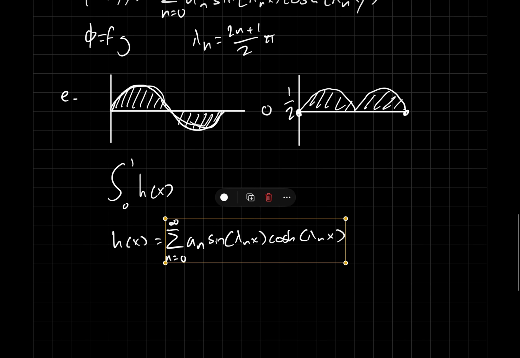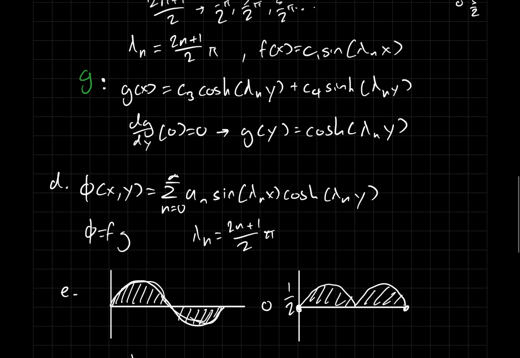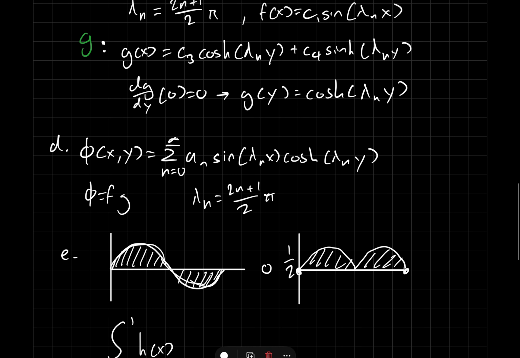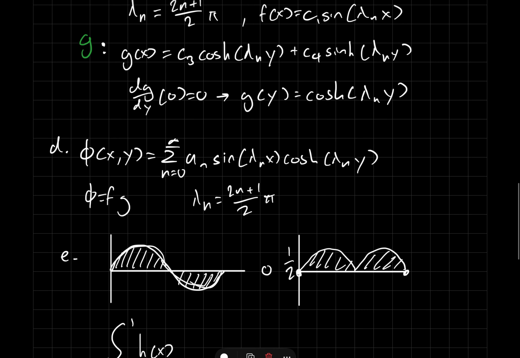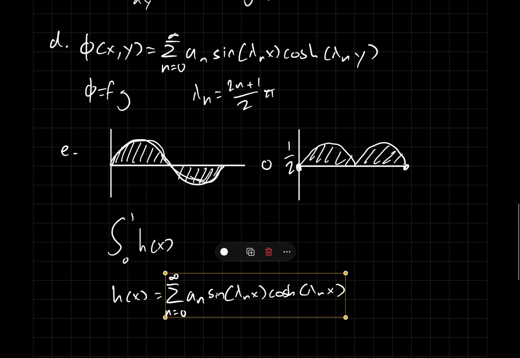And over here specifically, we just want to look for a of n, for a general h of x. So we're only going to be comparing to x.